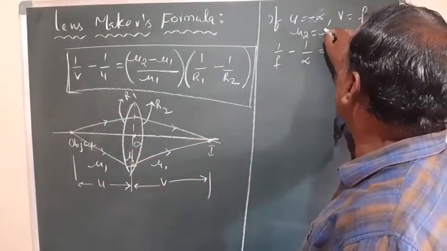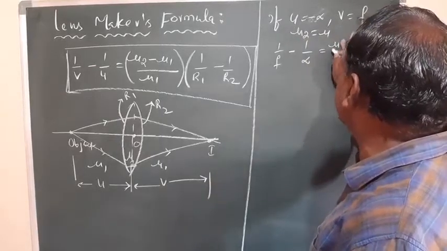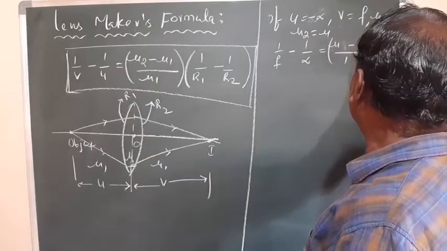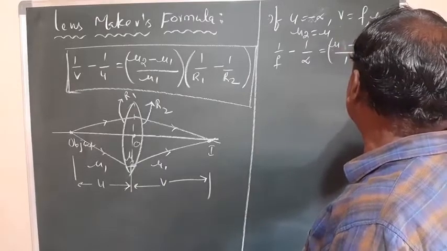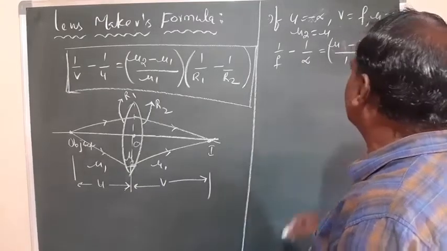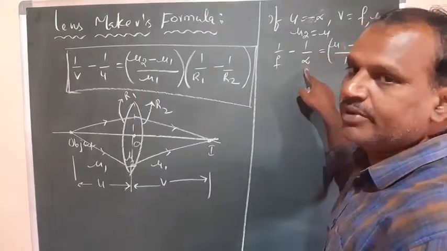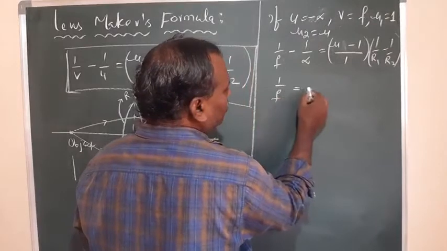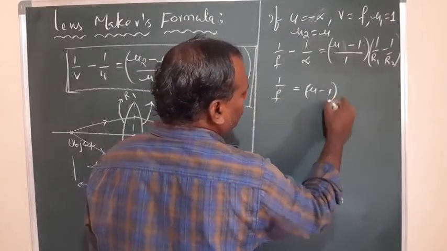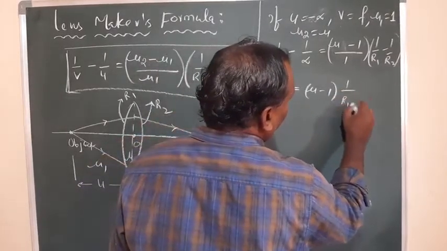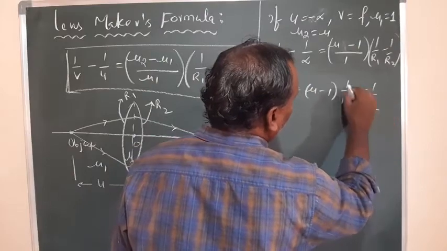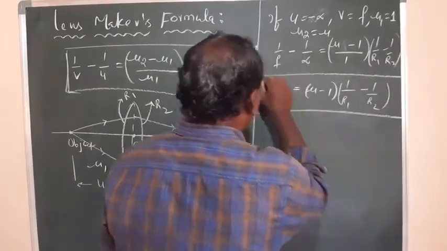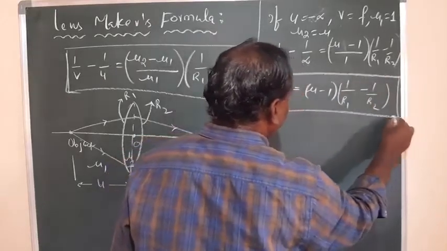So it is mu minus 1 into 1 by r1 minus 1 by r2. Further, 1 upon infinity becomes 0. So I can write 1 by f is equal to mu minus 1 into 1 by r1 minus 1 by r2. This equation is what is called the Lensmaker's formula.